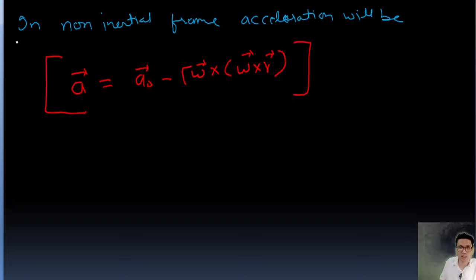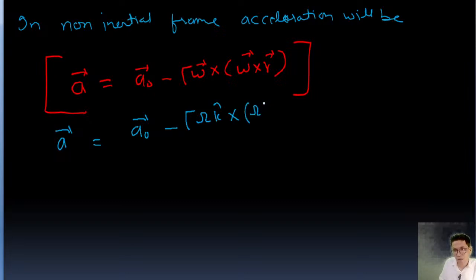Now what we can do is put in the values. So this a is going to be a naught vector minus, we'll put the value of omega, that is omega k cap cross omega k cap cross r vector.